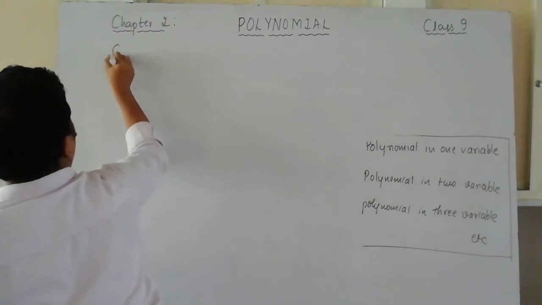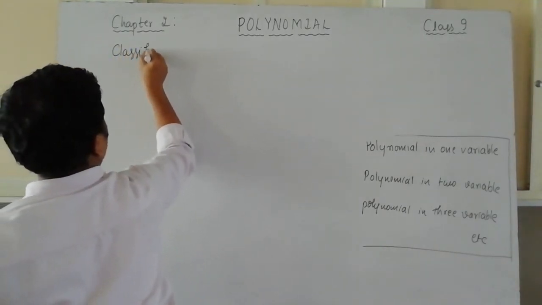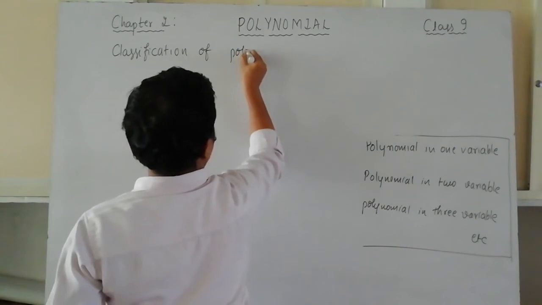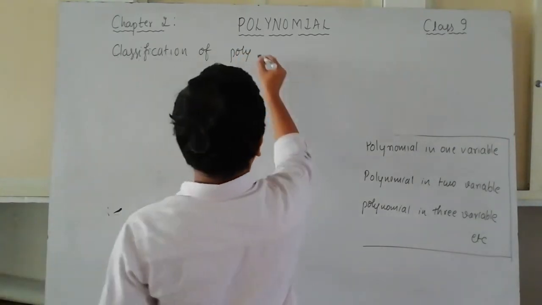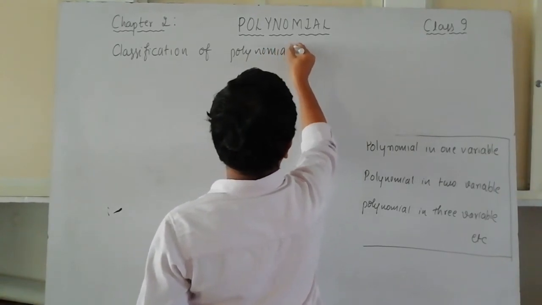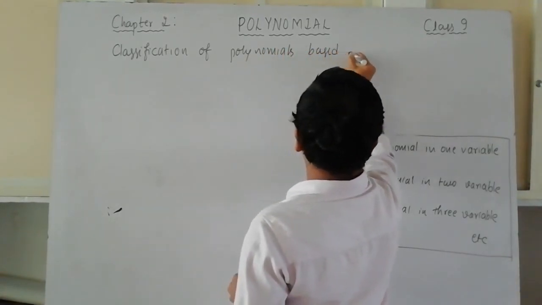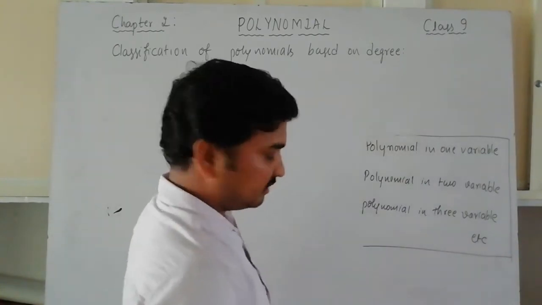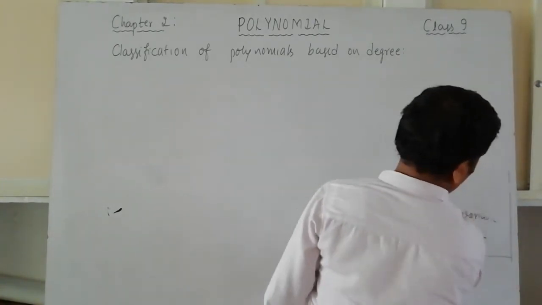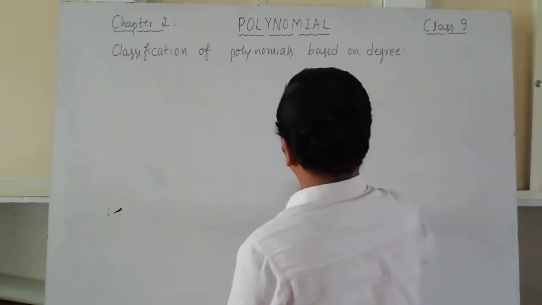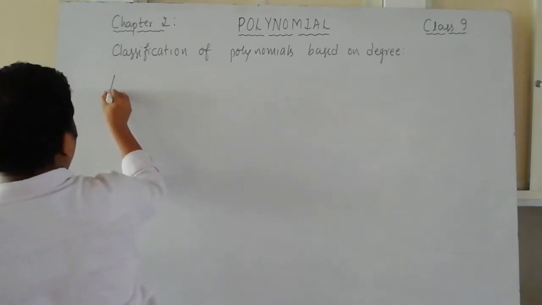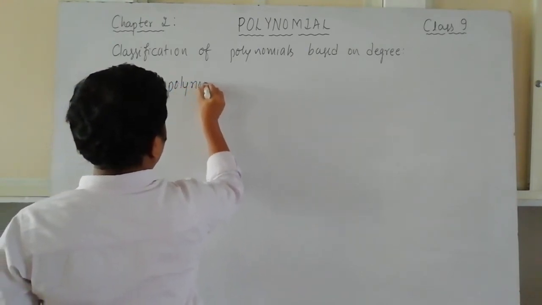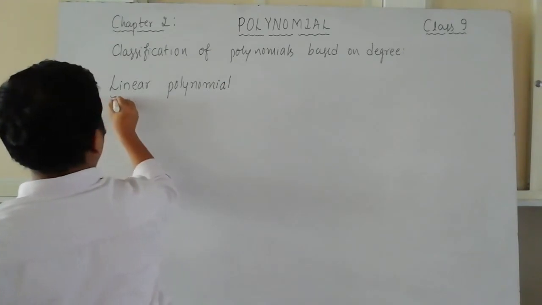First, write down linear polynomial. First one is linear polynomial.